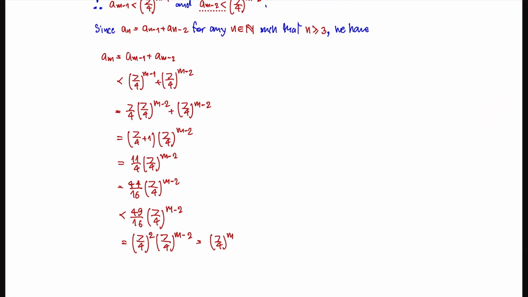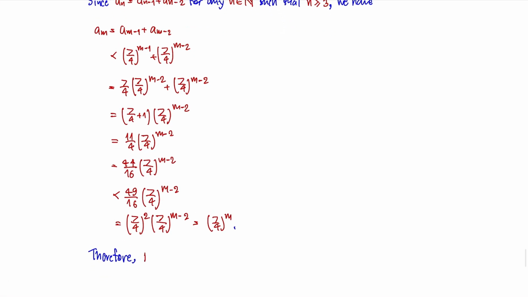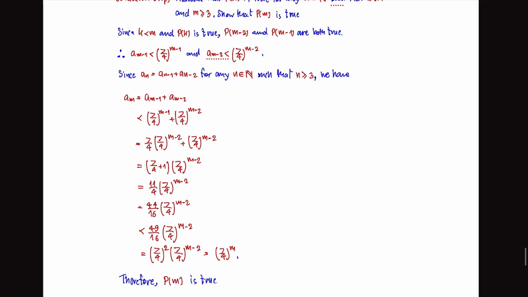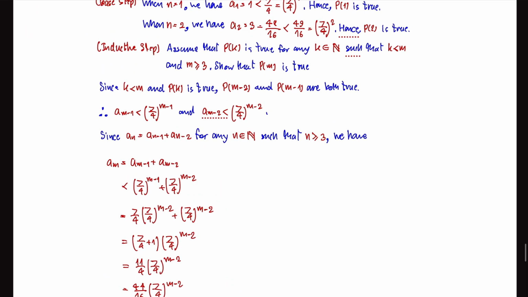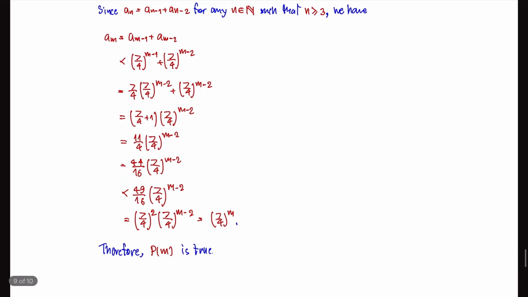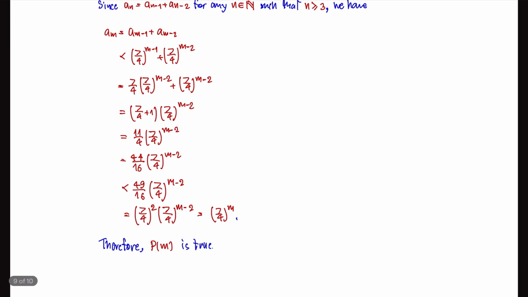So we have a_m less than (7/4) raised to the m already. Therefore, P(m) is true. So we have proved the inductive step.